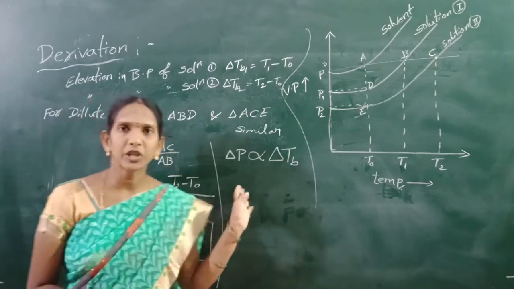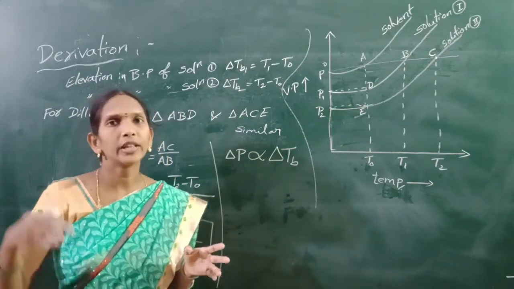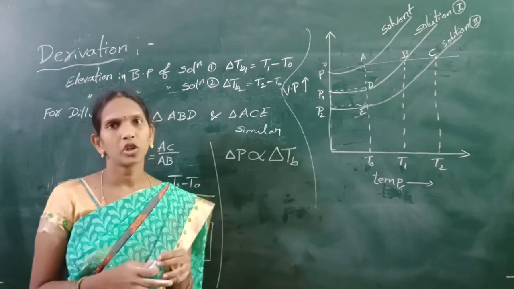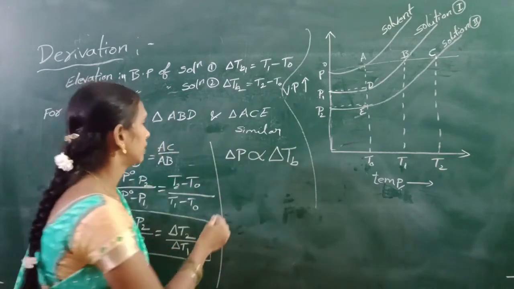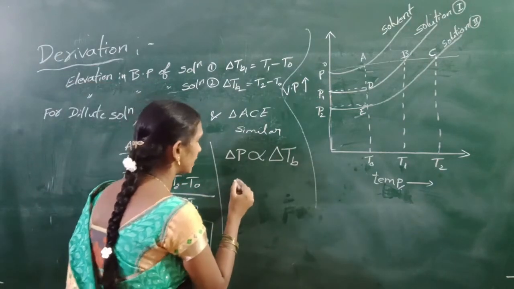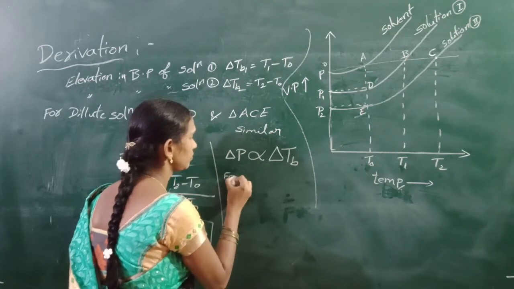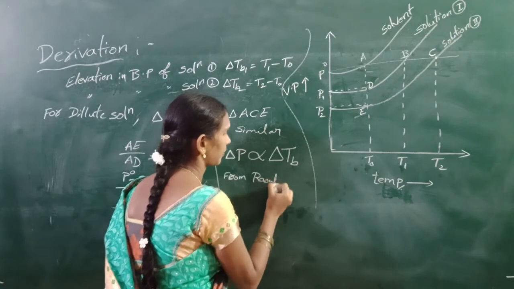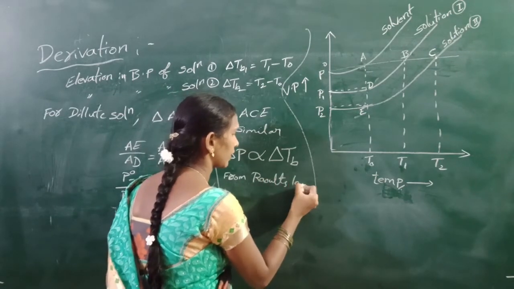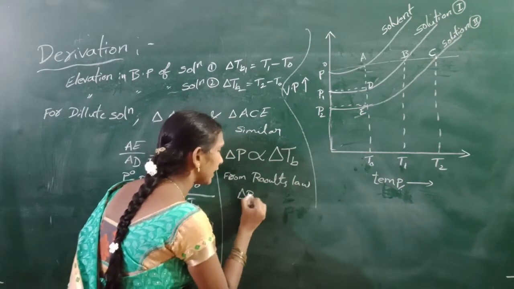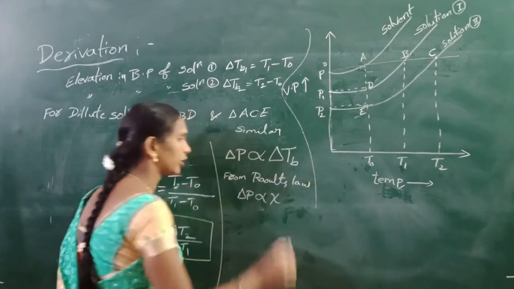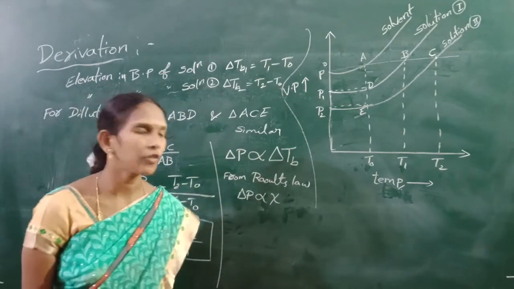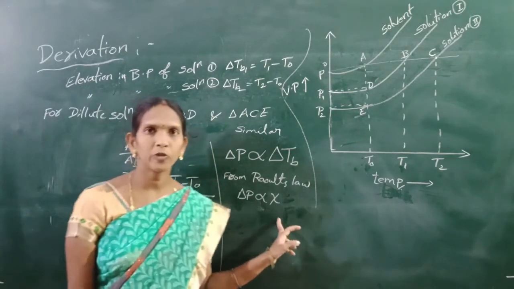The vapor pressure is directly proportional to the mole fraction of the solution. That means from Raoult's law we know delta P is directly proportional to xi. Xi means mole fraction.